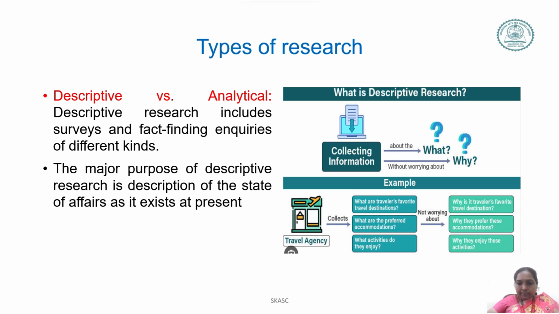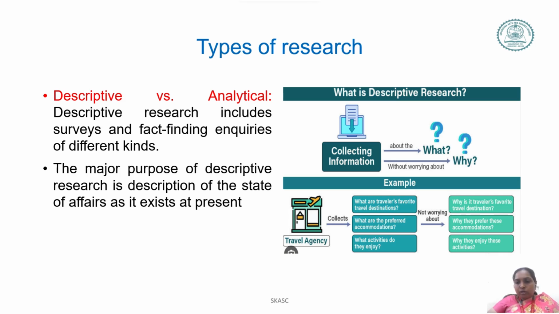Say, for example, you are trying to identify a travel agency and book a ticket. The travel agency member asks you several types of questions and collects certain data, either through a telephone or through some other source.